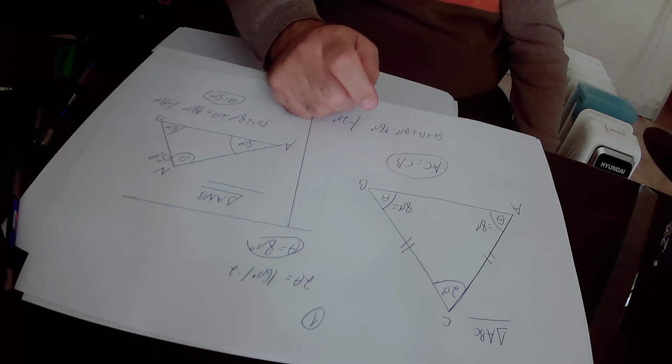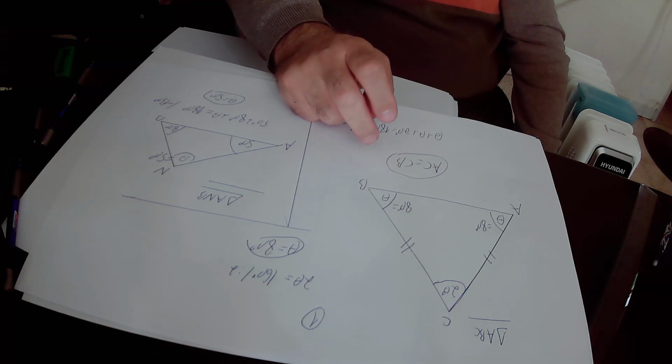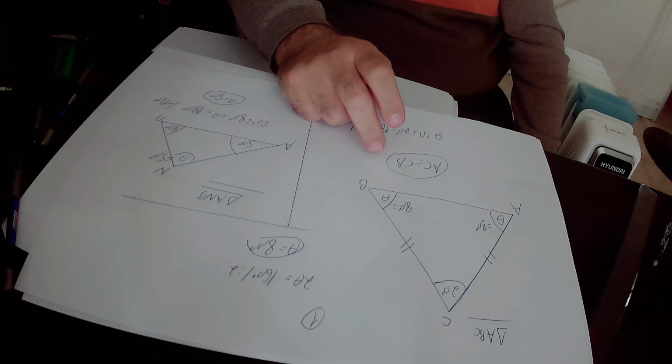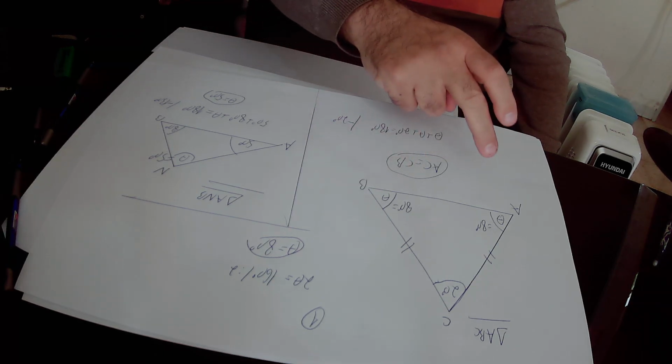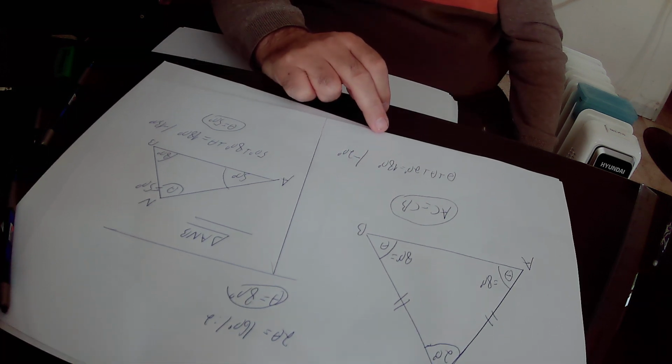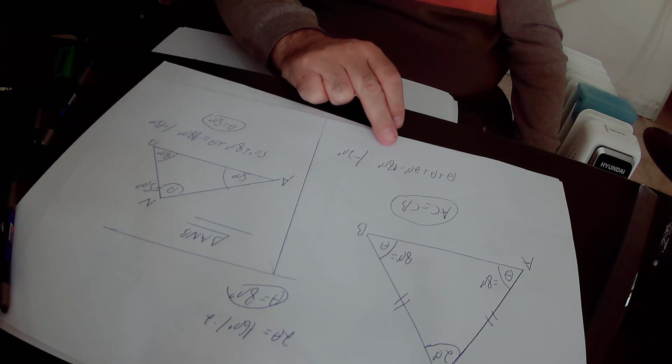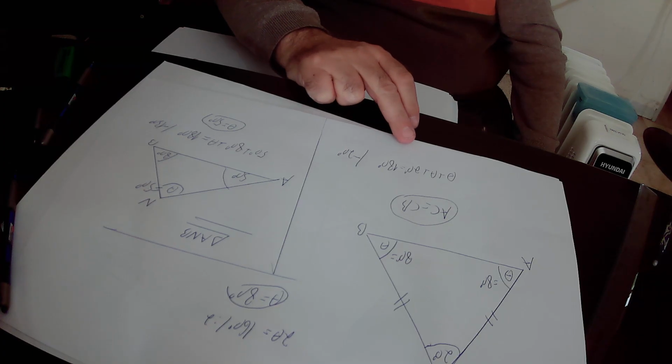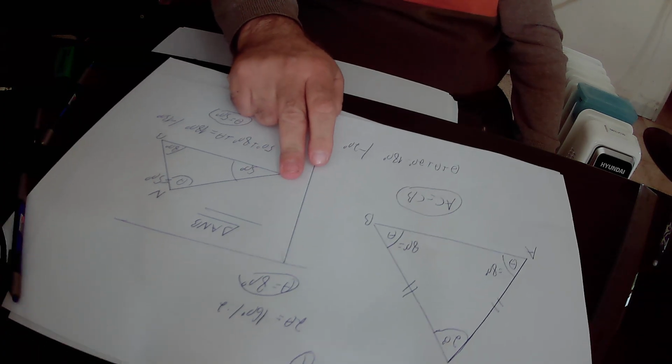And we have the rule that the sum of the angles in any triangle is equal to 180 degrees. Therefore, the sum of the angles in triangle ABC must be equal to 180 degrees. That is to say, 2 theta plus 20 degrees must be equal to 180 degrees. We subtracted 20 degrees from this equation. We found out that 2 theta equals 160 degrees.